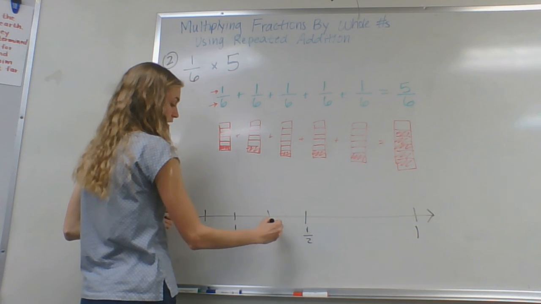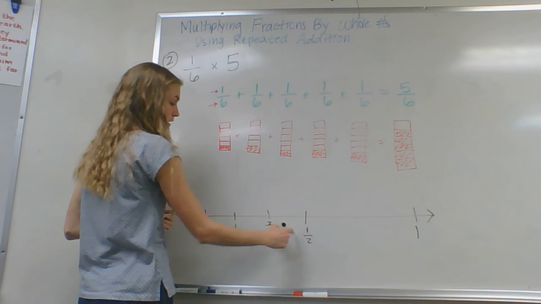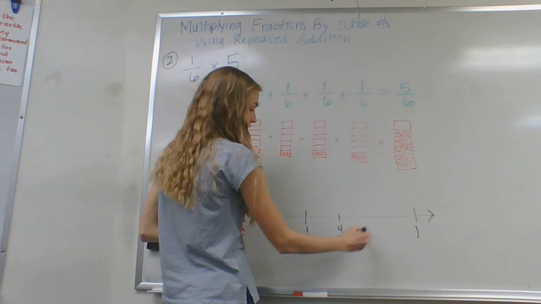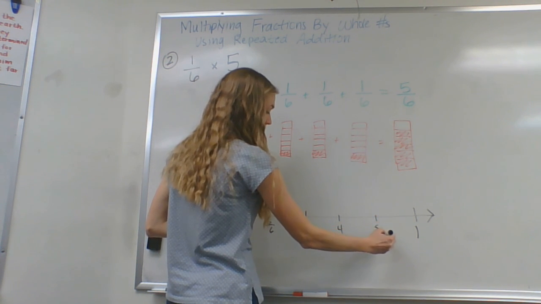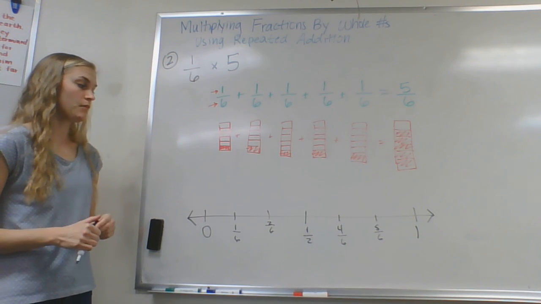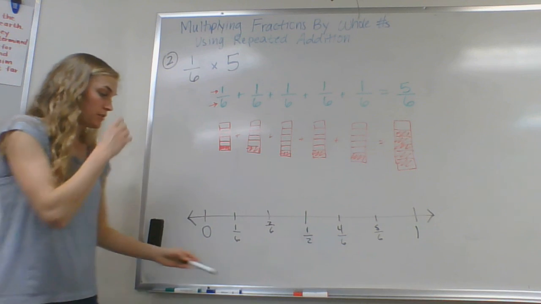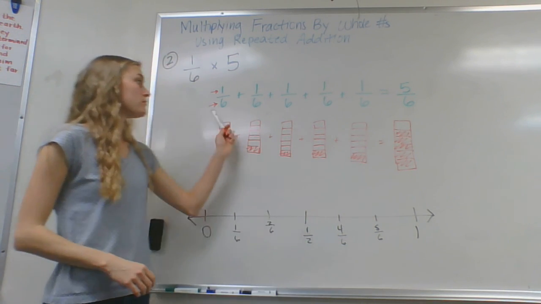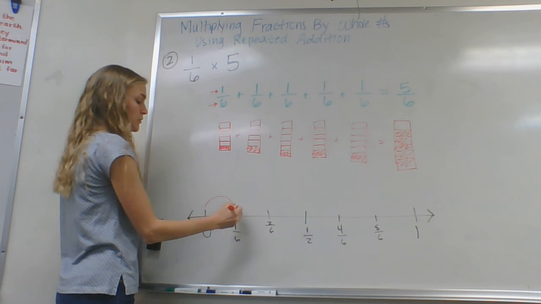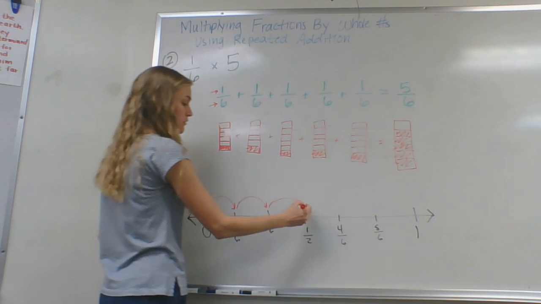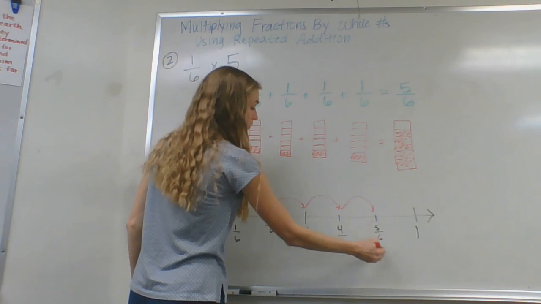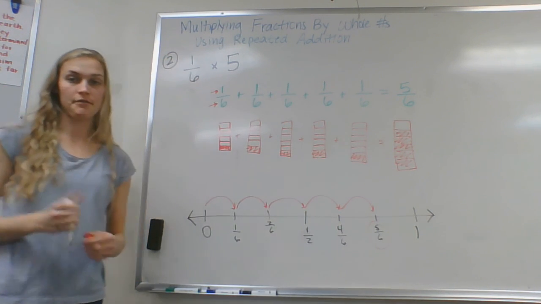So that's 1/6, that's 2/6, that'd be 3/6. We got 4/6 and 5/6. All right. So then if we count by 1/6 times 5, we got 1/6 times 1, times 2, times 3, times 4 and times 5. We end up right there at 5/6.